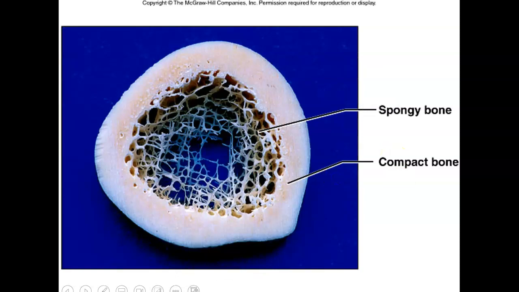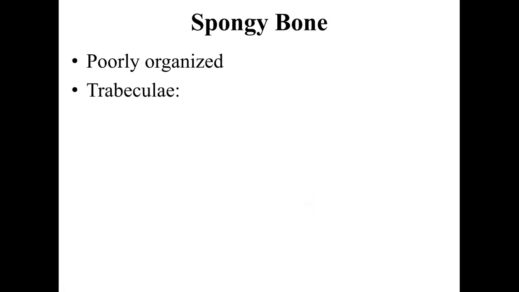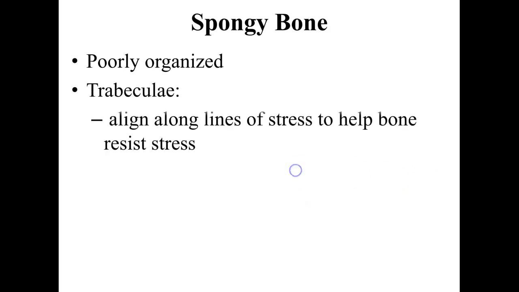Here, you're looking into the inside part of an actual bone. You see that spongy section, and you see that compact section. Going into spongy bone, it's going to be poorly organized. You're not going to have those osteons there that are making it look very orderly. Here, instead, you're going to have what's referred to as trabeculae.